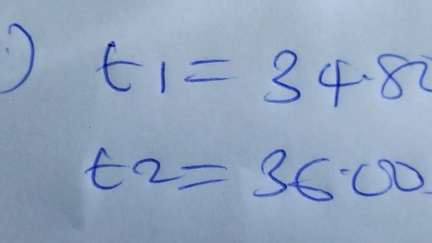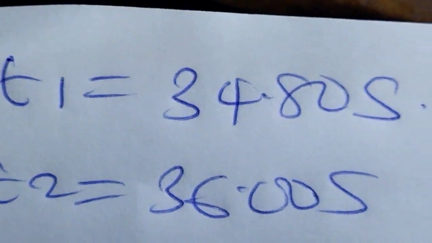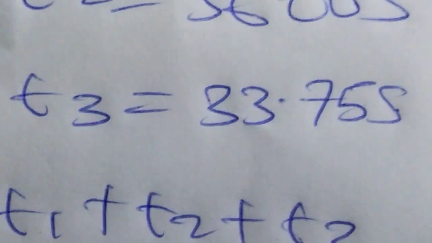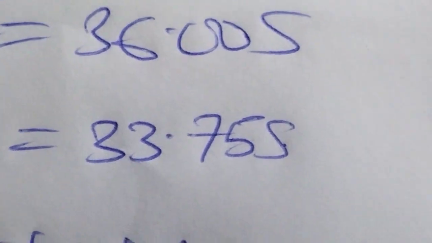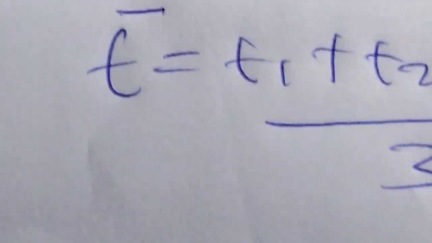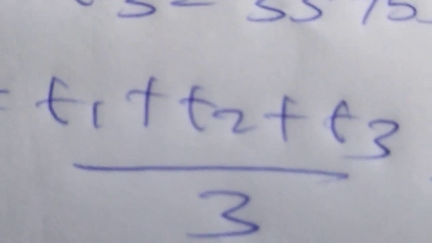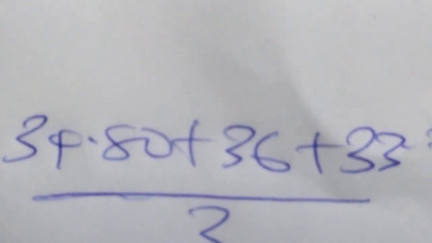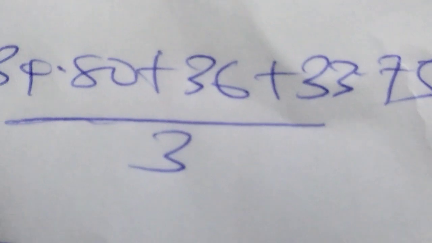We go to the solution. The times are 34.80 as T1, T2 36.00, T3 33.75. We first of all find the mean time or the average time using the formula there, T1 plus T2 plus T3 over 3. Substituting 34.80 plus 36 plus 33.75 all over 3.